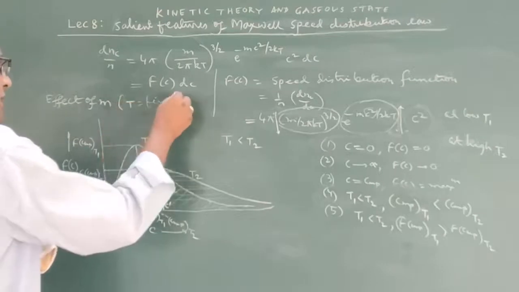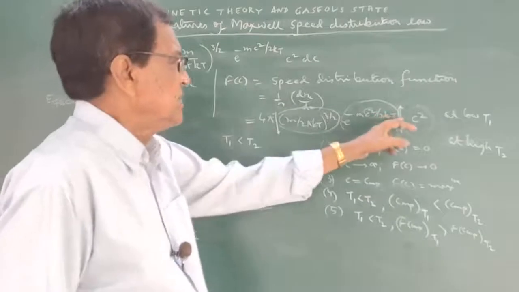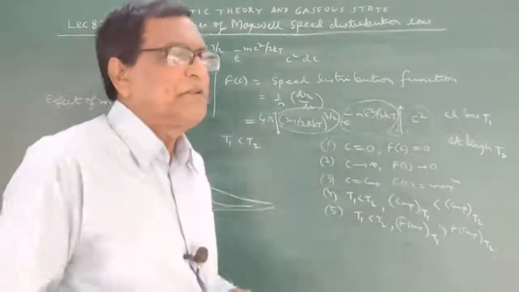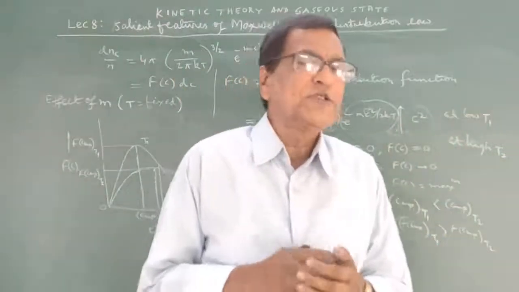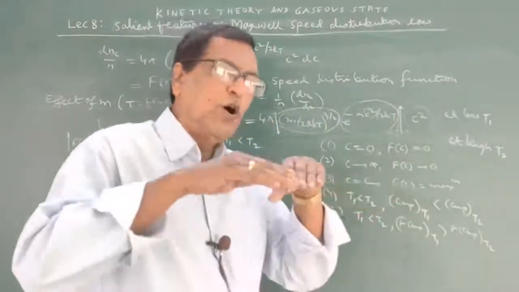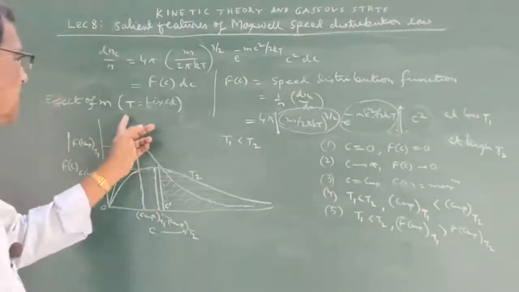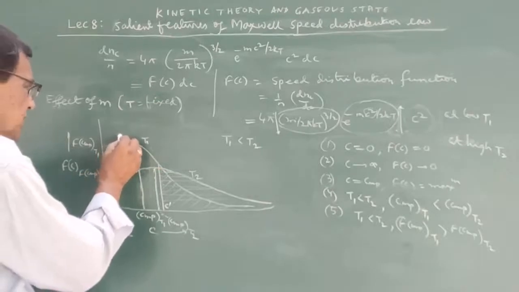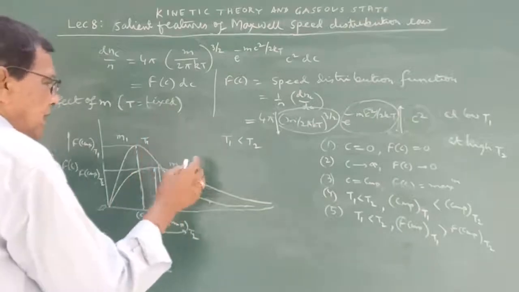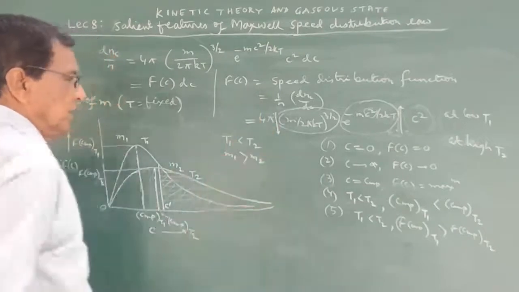When temperature is fixed, you can see from this expression that temperature and molecular mass are present in reciprocal fashion. So the effect of molecular mass will be opposite to that of temperature. If you consider this is M1 and this is M2, then M1 is greater than M2.